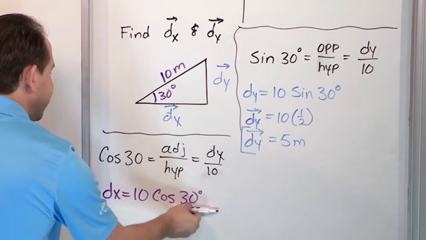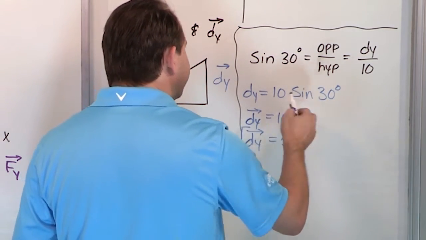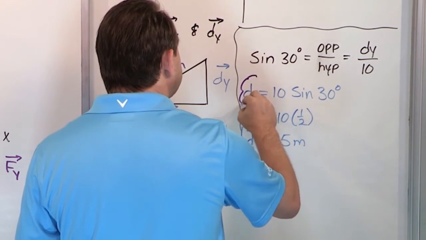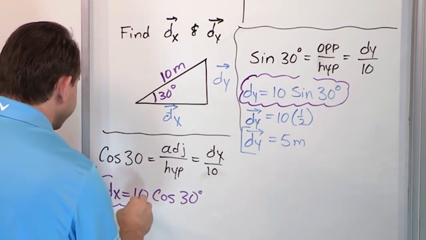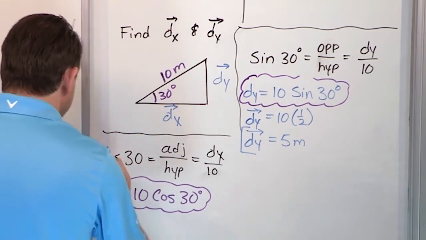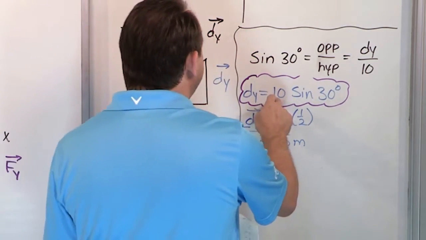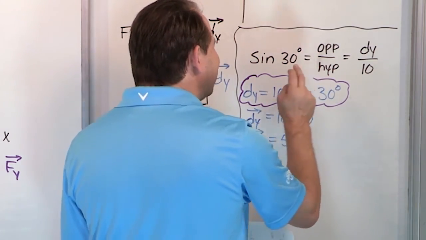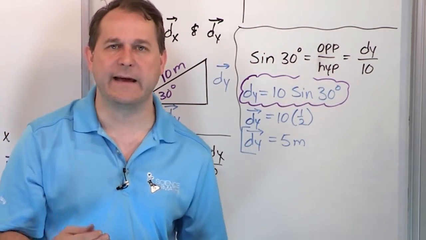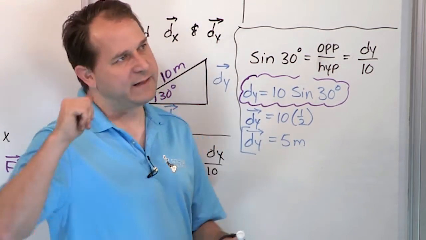You see how this equation has a very similar form to this one. In fact, I'm going to circle this because it's very important that you understand. What I've done over here is I took the hypotenuse, the total length of my vector, and multiplied it by the sine. When I multiply by sine of anything, it chops the thing down to give me the vertical component.